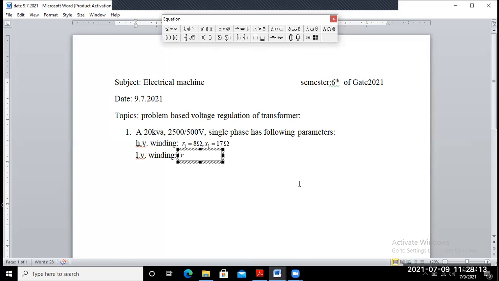R2 equal to 0.3 ohm and X2 equal to 0.7 ohm.